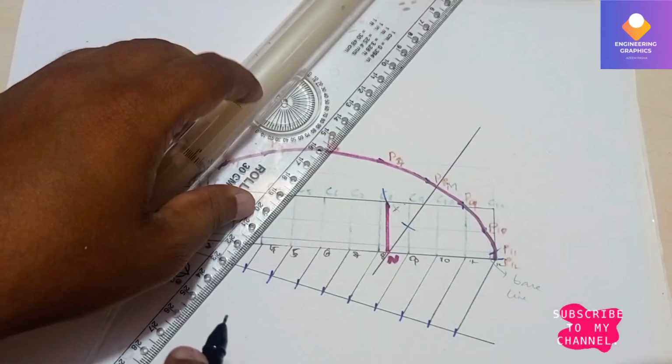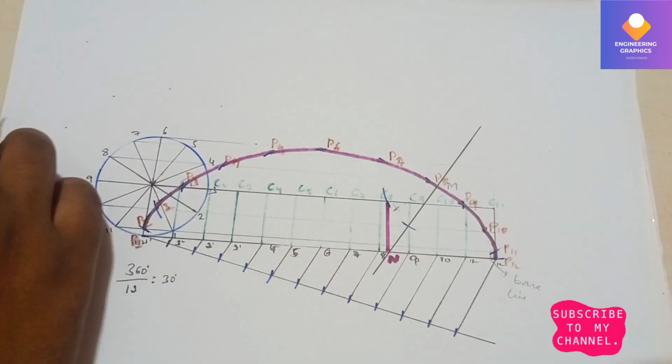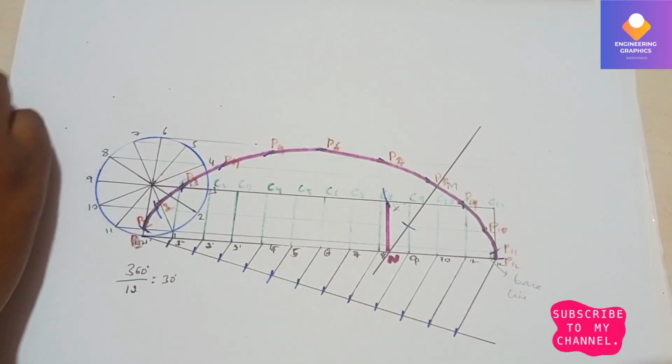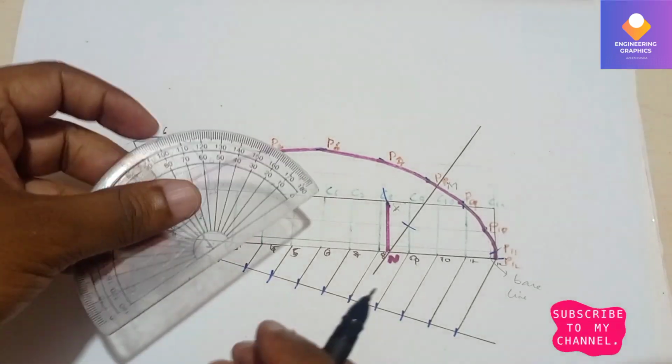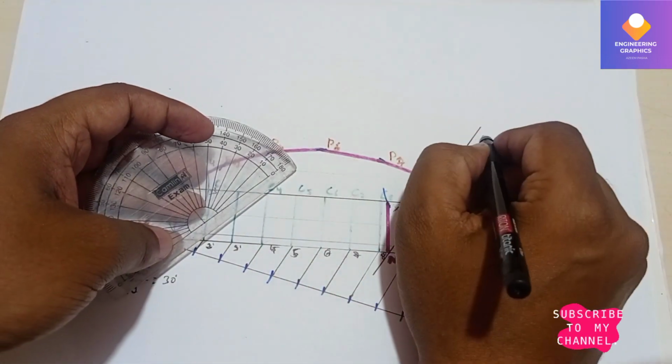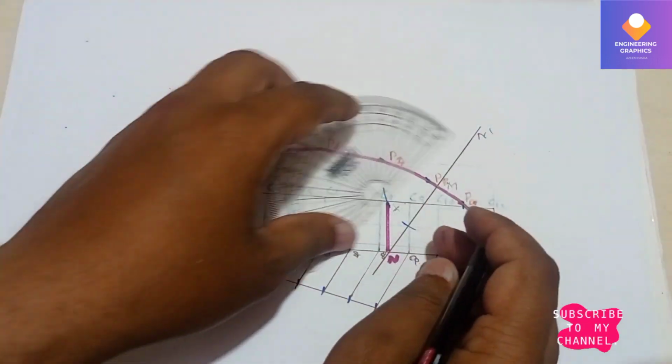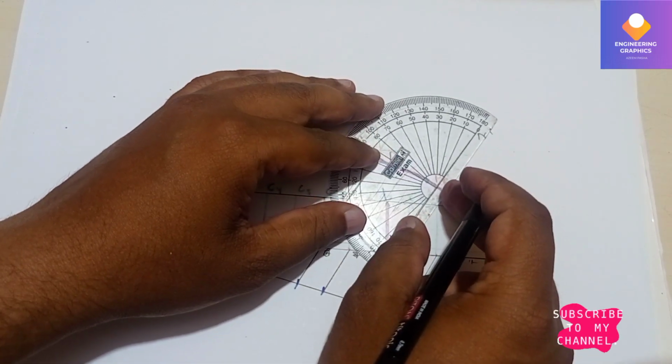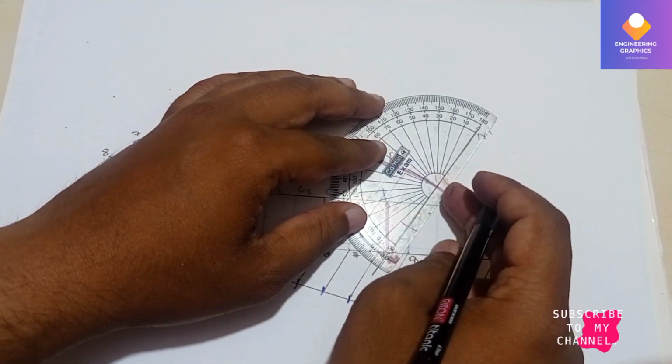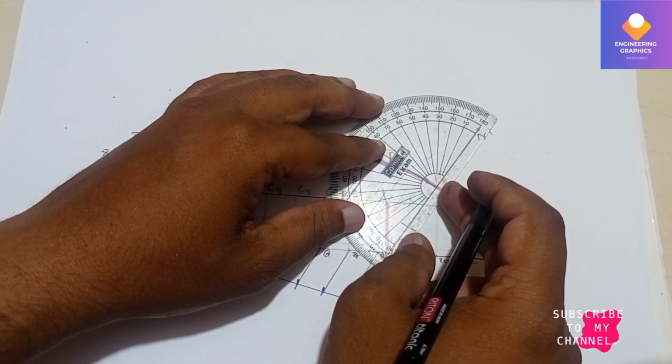Okay, this is your normal. You can give this N1. So now exactly perpendicular to this line, if you draw a line, that is what your tangent is.